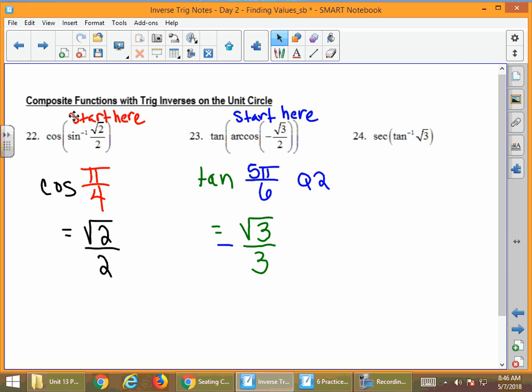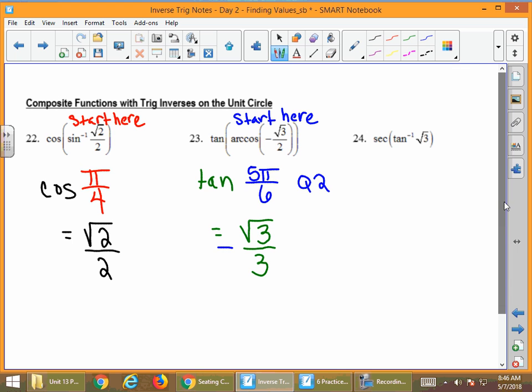So lastly, for our final challenge, we've got secant of the inverse tangent. When we start on this particular problem, we need to start far right, at that parentheses, the inverse tangent of the square root of 3. Again, if we look back up at 14, we see that the inverse tangent of square root of 3 is pi over 3. But to finish this, we need to figure out what the secant is.